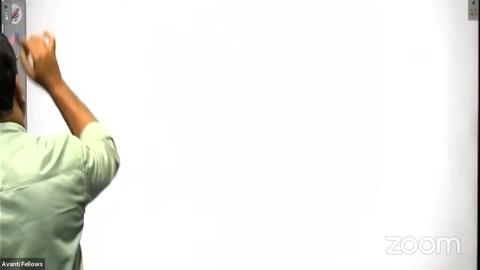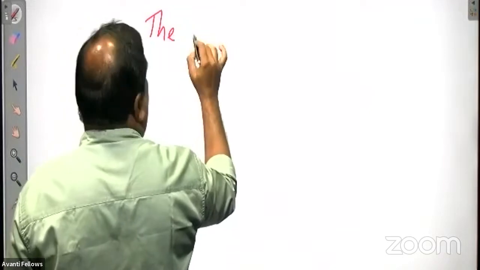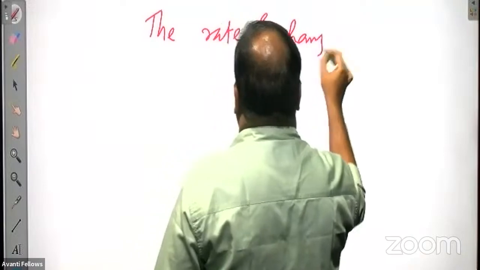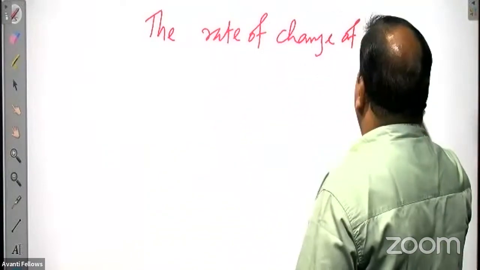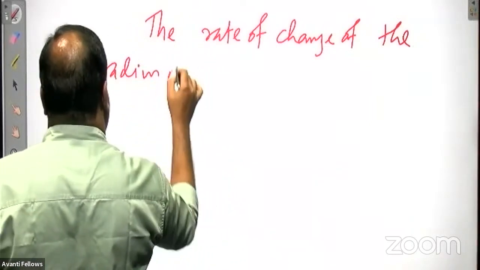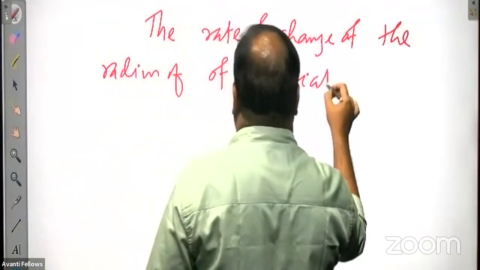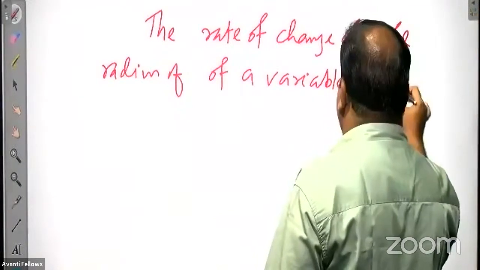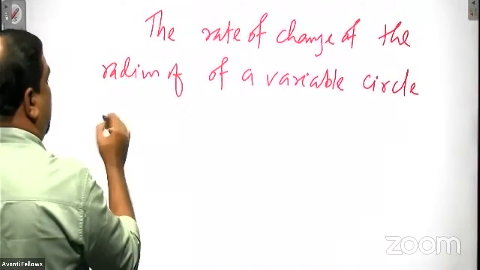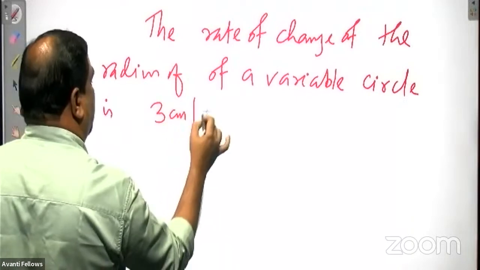Again, the method is the same. Suppose again the same type of problem. The rate of change of the radius of a variable circle is 3 centimeter per second.